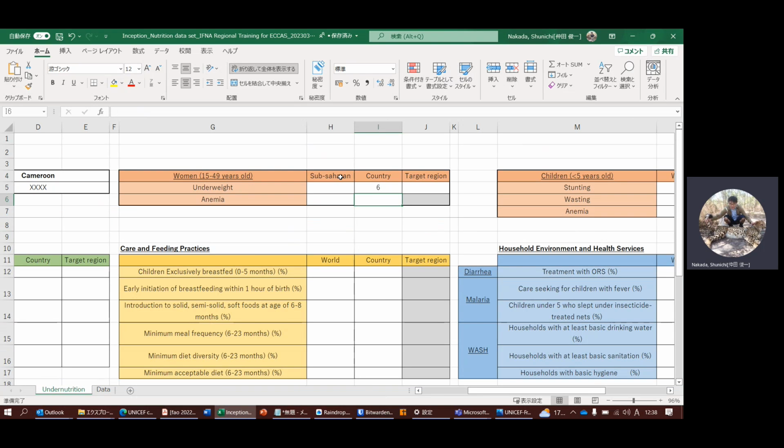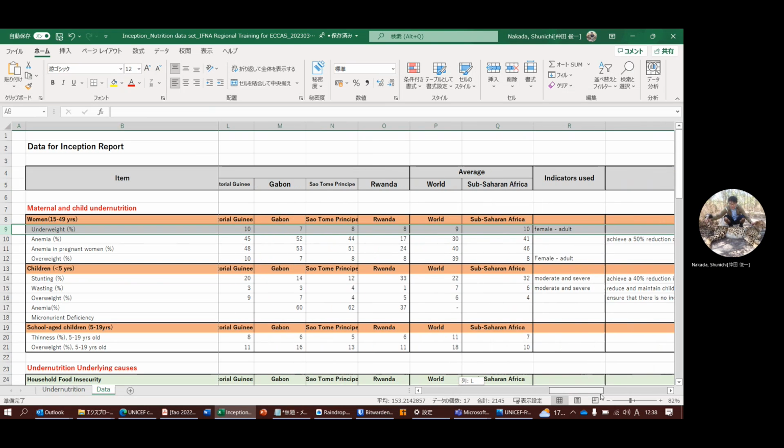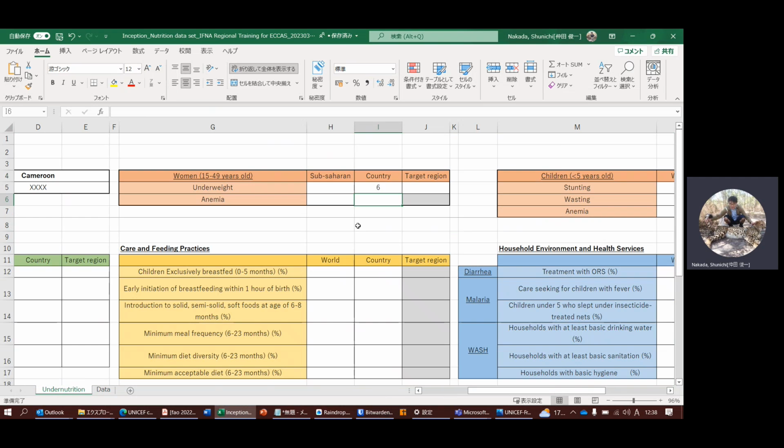And for the reference data, I selected Sub-Saharan Africa as a reference. Sub-Saharan Africa reference is 10%. So you put 10 here. For the target region, I will explain it later.